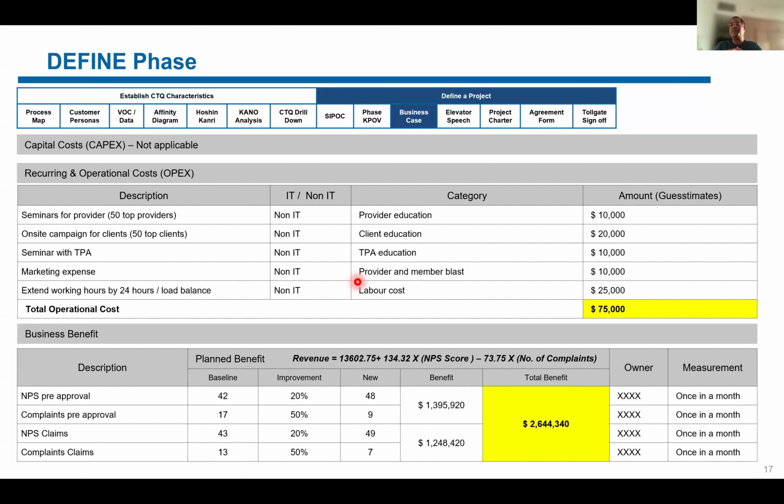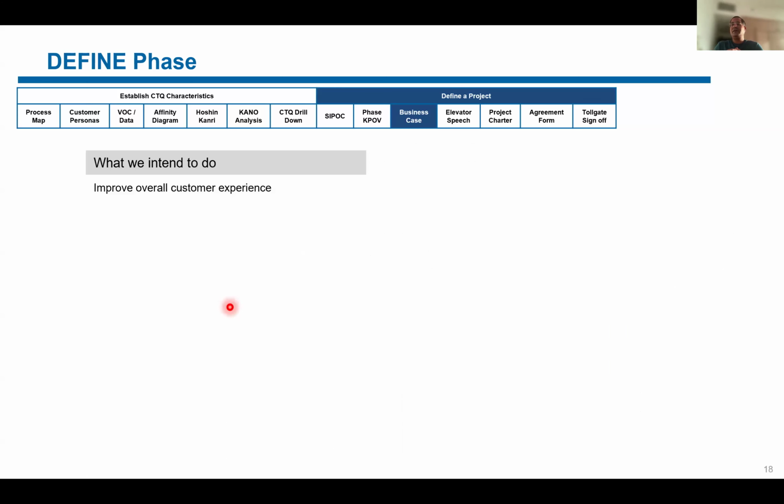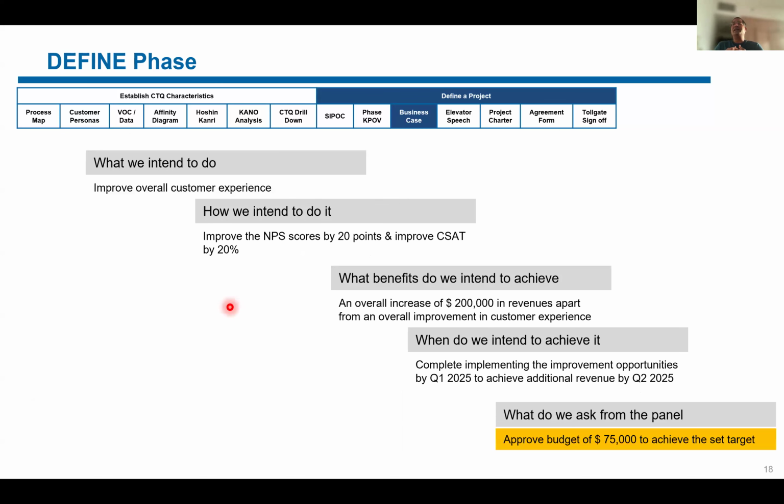But moving forward, obviously there is an elevator speech which needs to be prepared, because the entire team that is going to work on this project needs to be very clear and articulate in their mind as to why they are doing this project and what benefit it is going to bring. So we are going to improve the overall customer experience.